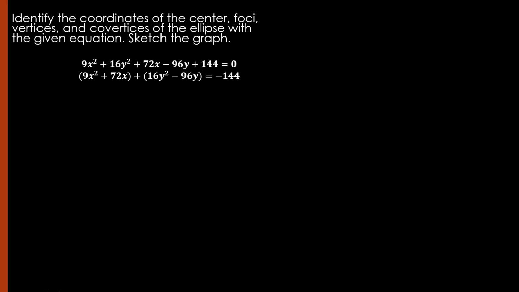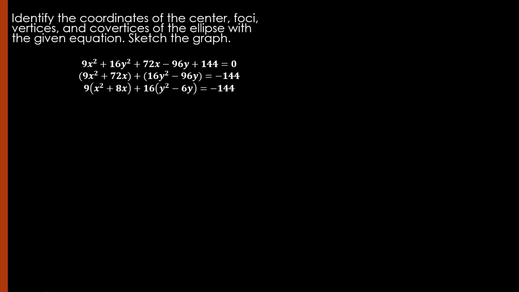Then, let us factor out the coefficient of the x squared and y squared. So, factor out 9 times the quantity x squared plus 8x plus, so we have 16 times the quantity y squared minus 6y equals negative 144.